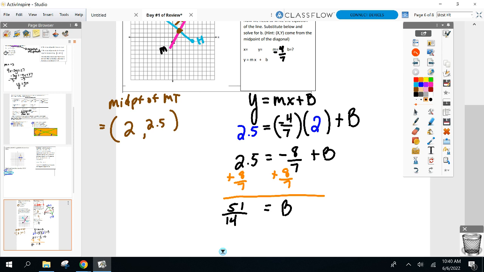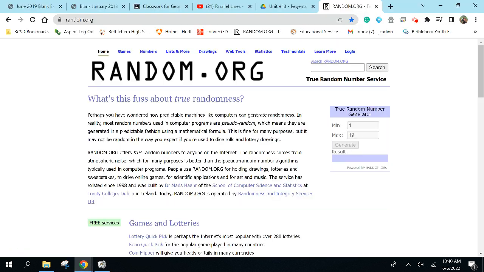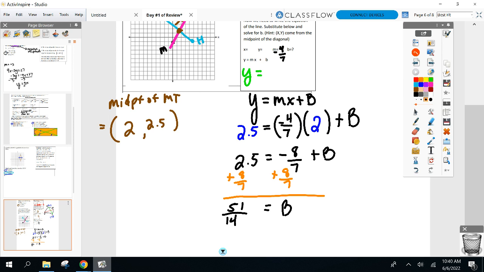Put all our work together now. Give me the final equation of AH. Y equals, put them together now. Slope and y-intercept. Put them together to write the equation. Jackson, 5 on fire today. Y equals, what was our slope? 4. That was our m value. That was our slope, negative 4/7.